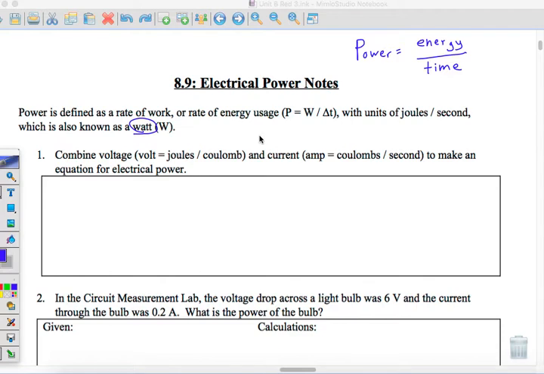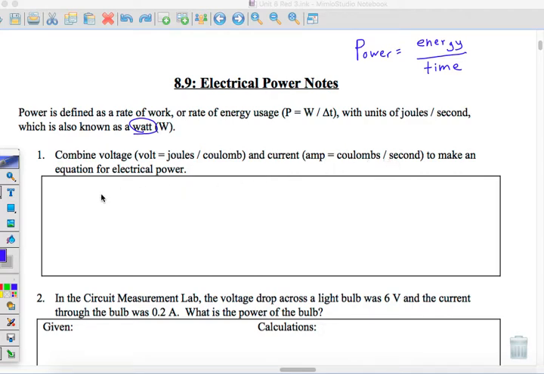So now we're going to transition that idea into electricity. In a circuit, we have voltage, which is joules per coulomb, how much energy each coulomb of charge gets. And we have current, which is actually coulombs per second, how much charge passes by a point per second.